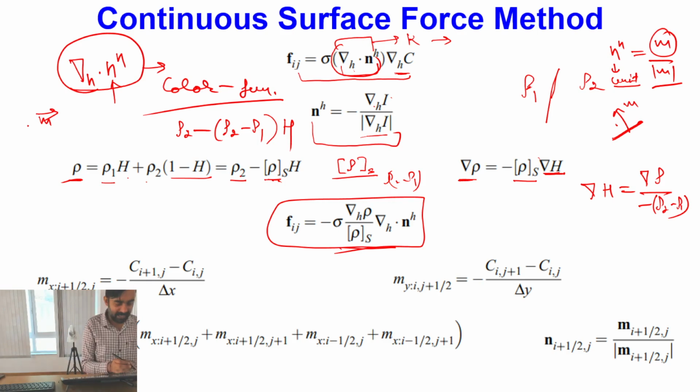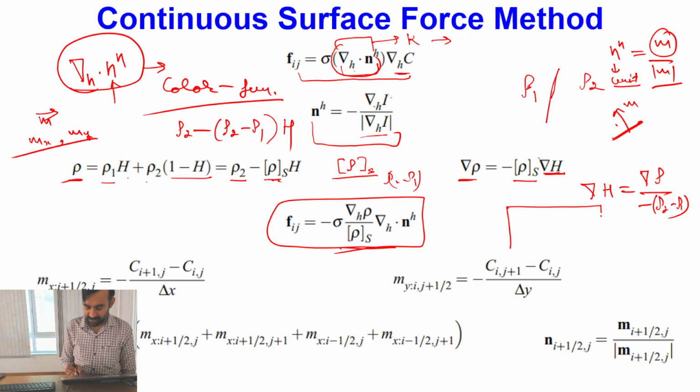So the normal vector M will have two components for a 2D system, Mx and My. So how to calculate Mx at point i plus 1 by 2 comma j. If this is my grid, having j plus 1, j minus 1, i minus 1, i minus 2 and i plus 1.